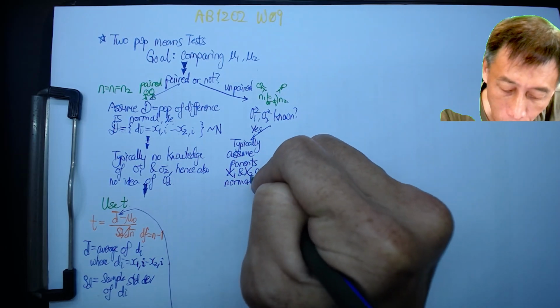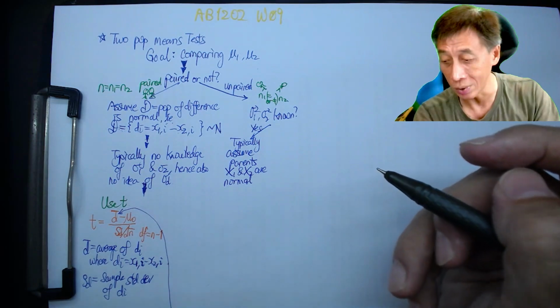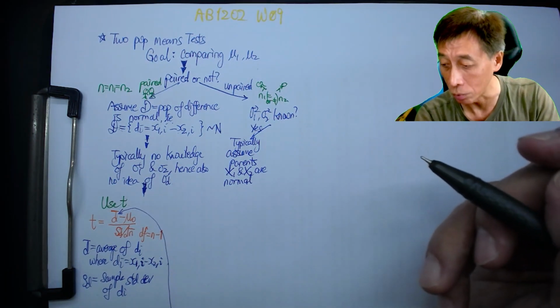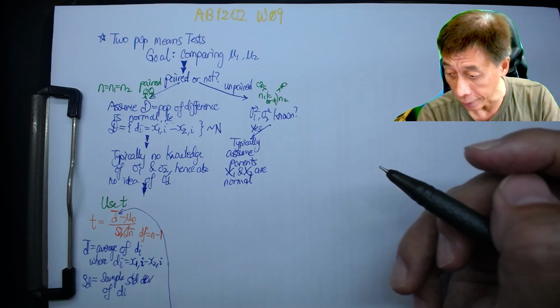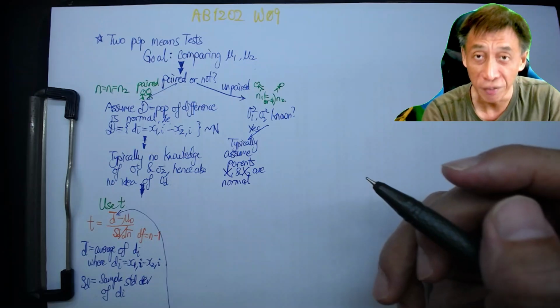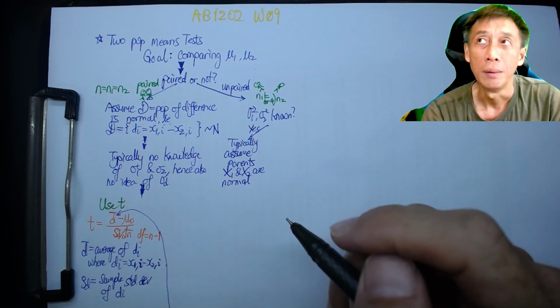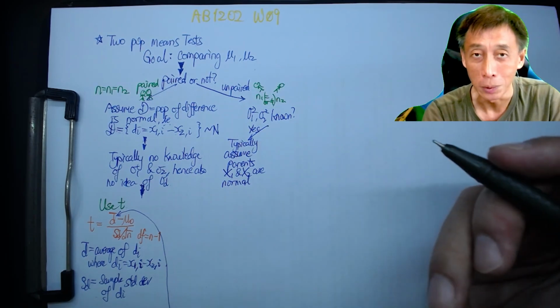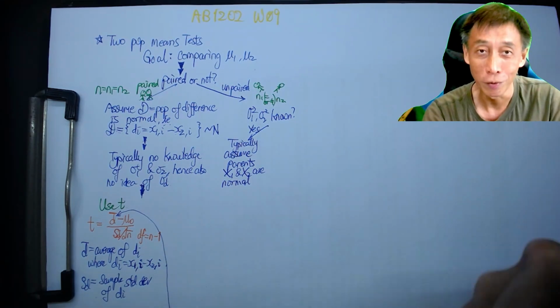So that when we perform the subtraction, x1 minus x2, and therefore x1 bar minus x2 bar, the results will still be normal. The difference of the sampling distribution of sample means is going to be normal also. And you understand the beauty of being normal, right?